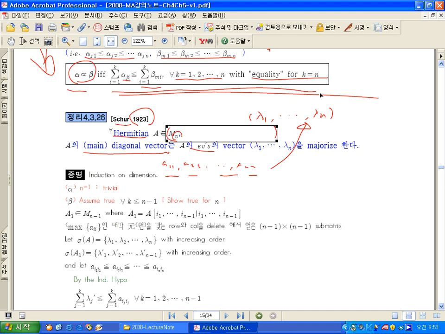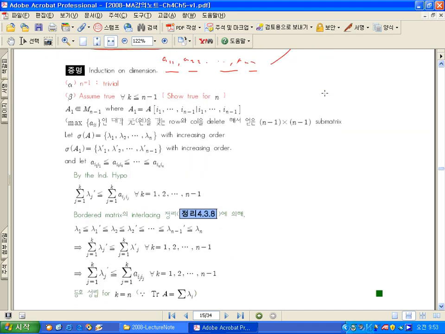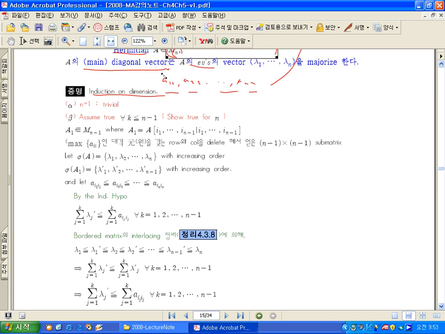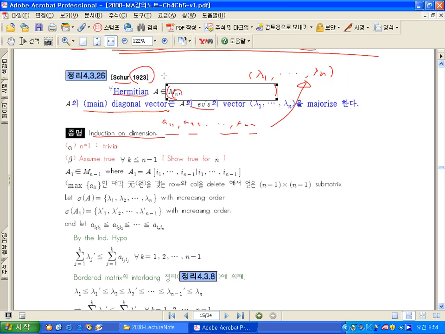The proof was made by mathematical induction on the dimension. When n is 1, when we have a 1 by 1 matrix, it's trivial.